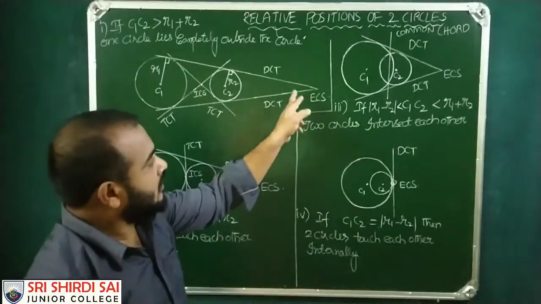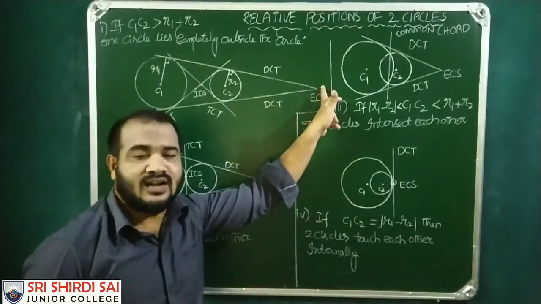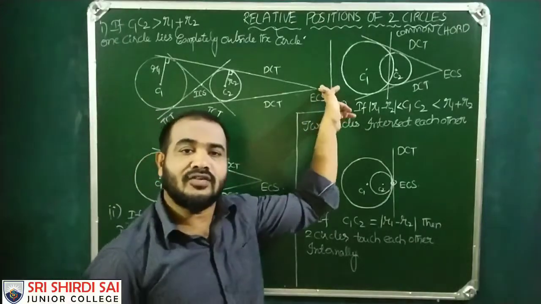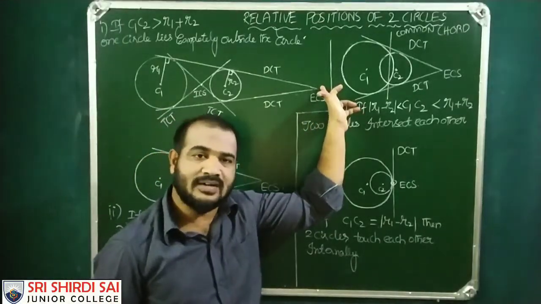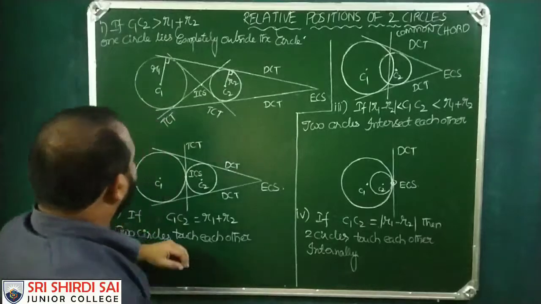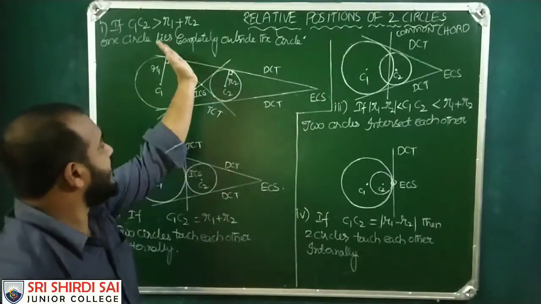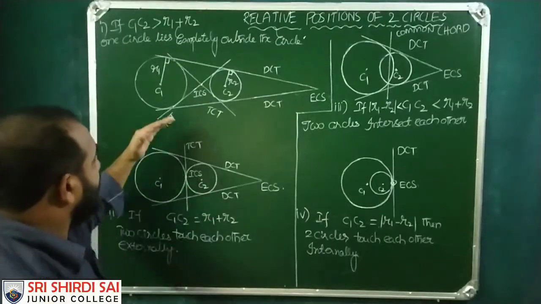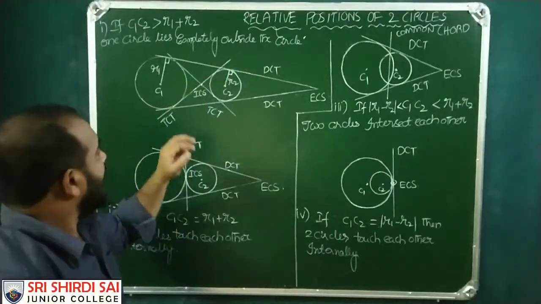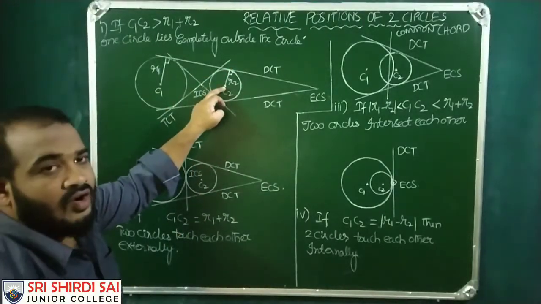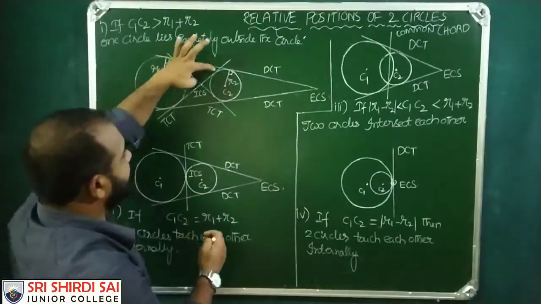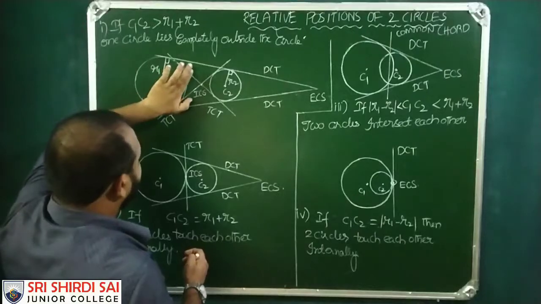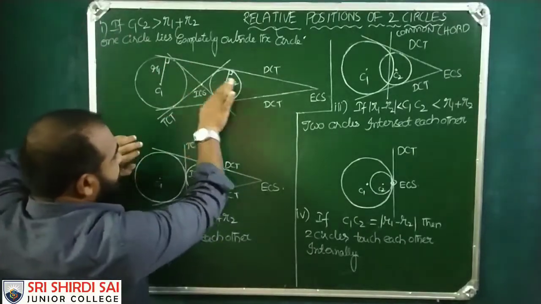This point is called the external center of similitude. The external center of similitude is the point of intersection of two direct common tangents. Likewise, this is a transverse common tangent and this is a transverse common tangent. A transverse common tangent is a straight line with the two circles lying on either side of it: this circle lies on this side and this circle lies on this side.